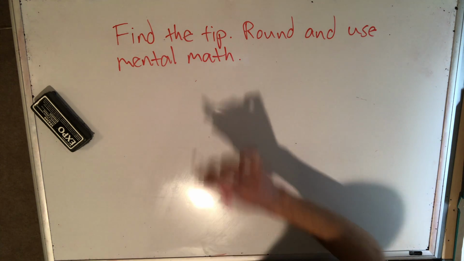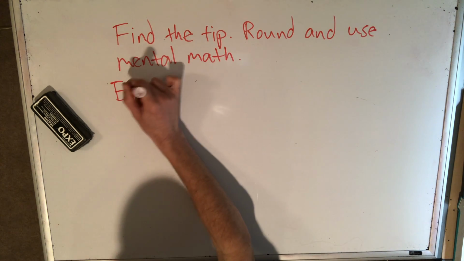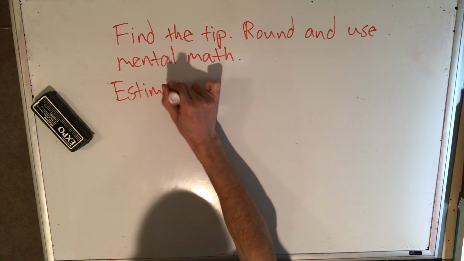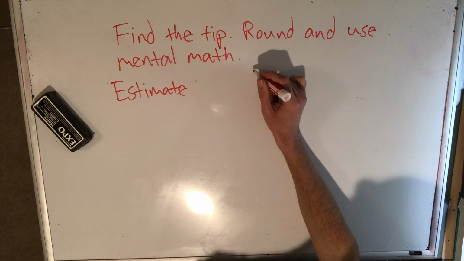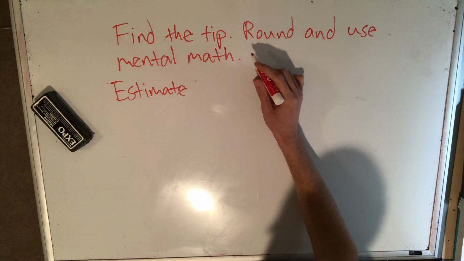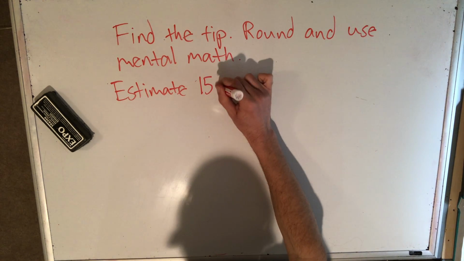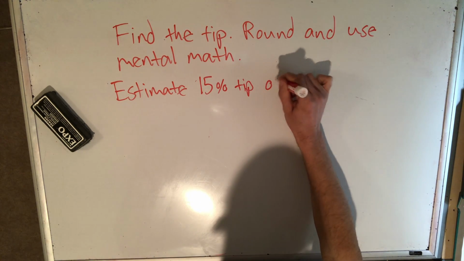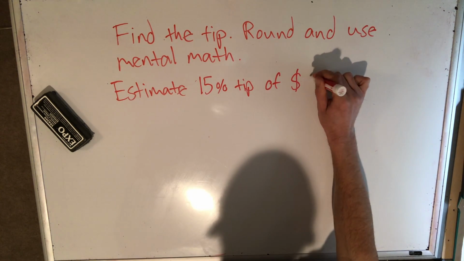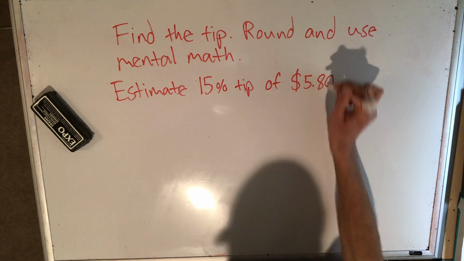Let's estimate a 15% tip for a bill of $5.80 spent on food and drink.